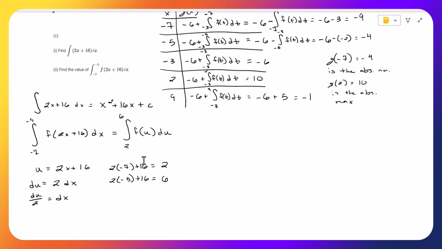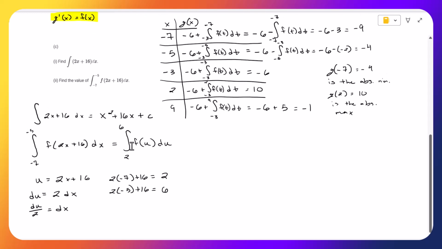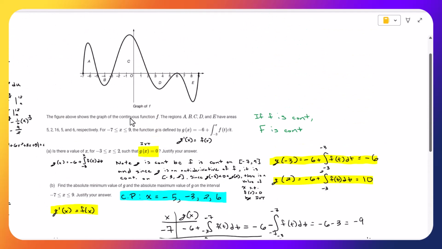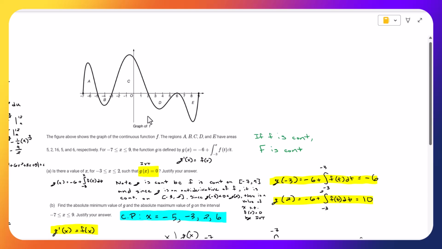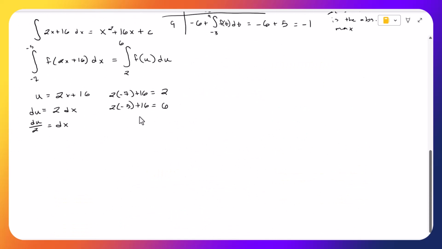And now, can we integrate this? Well, remember, the integral is just our area under our curve. So if we're looking from 2 to 6, this is 1, 2, 3, 4, 1, 2, 3, 4. That had an area of 5. And it's underneath the x-axis, so it's negative 5. So this equals, oh, I'm sorry, I missed something. You should have been yelling at me, hopefully. I missed this 1 over 2.